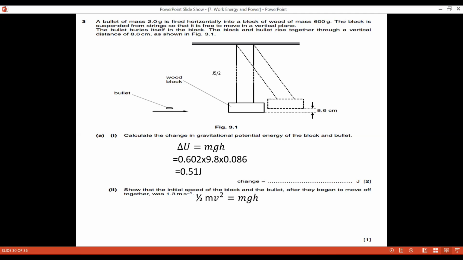Half mv squared is equal to mgh, or v squared is equal to 2gh. That means v comes out to be 1.3. So straight away kinetic energy is equal to potential energy. This was the kinetic energy after the impact when both were moving together.